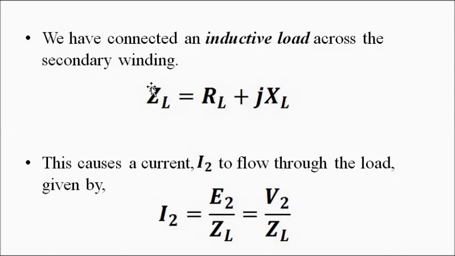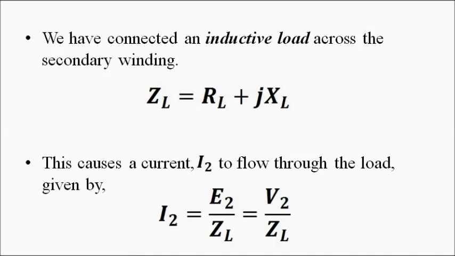So we can write the load impedance ZL as RL plus jXL, where XL is inductive reactance, RL is the load resistance, XL is omega L. XL is not j, the imaginary part comes in the inductance part, but XL is omega L. But this j, it is the imaginary component. The basic AC circuit concepts.